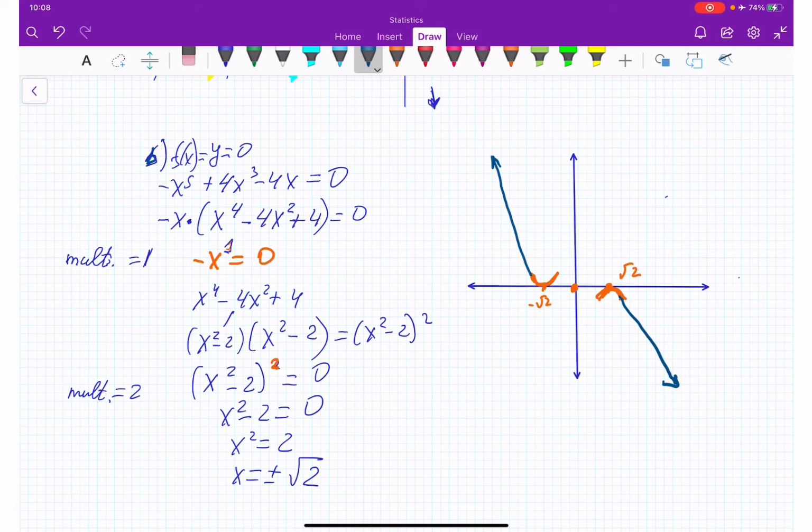So what's going to happen at 0? At the 0.0 we have multiplicity 1, which is going to cross, right? And obviously since this one we have above the x-axis, this one below, it's clear which way it's gonna cross. So this is gonna cross this way, right?